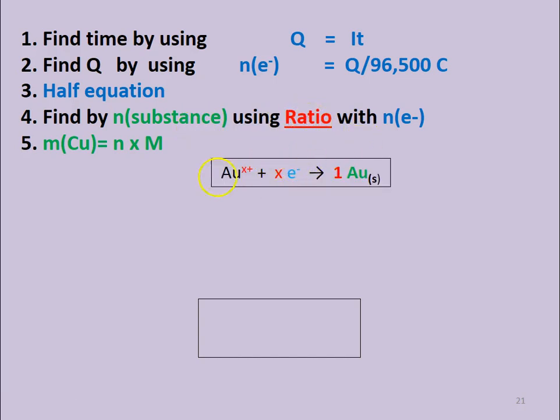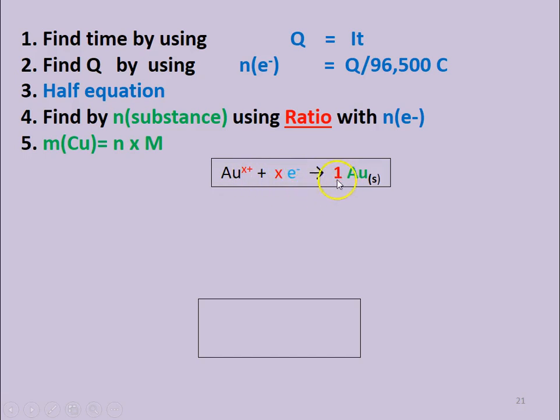So we want the oxidation number. The oxidation number is the same as the charge on an ion, so we want to know what this X is. This X is the same as the mole ratio number with electrons. If this was 1 plus, you would have 1 electron, 2 plus, 2 electrons, 3 plus, 3 electrons.